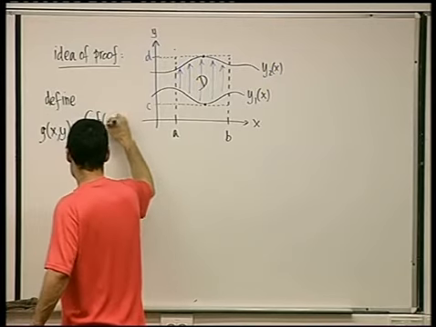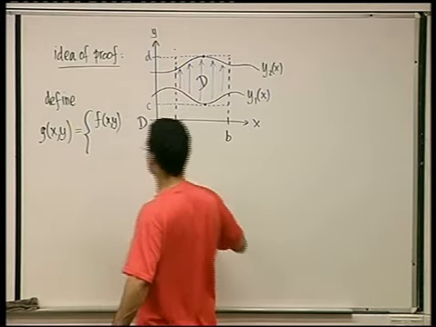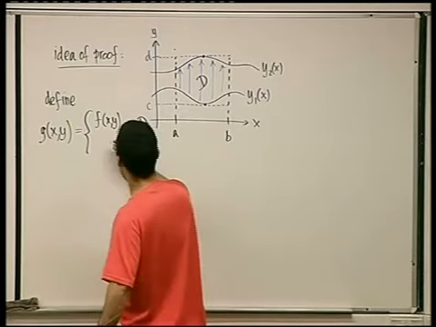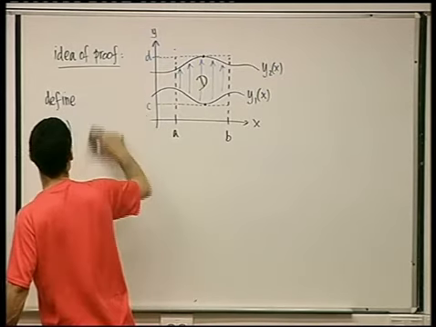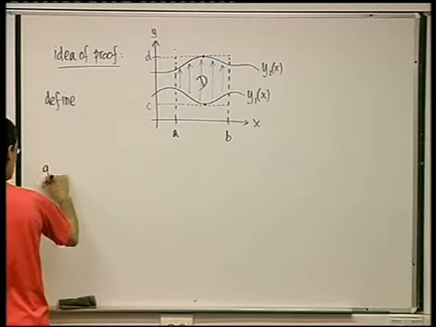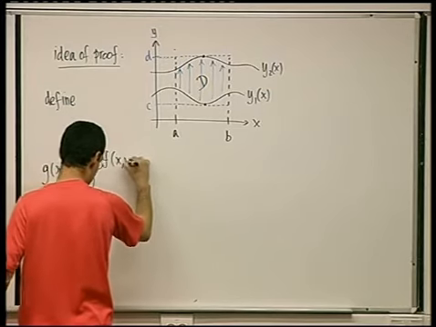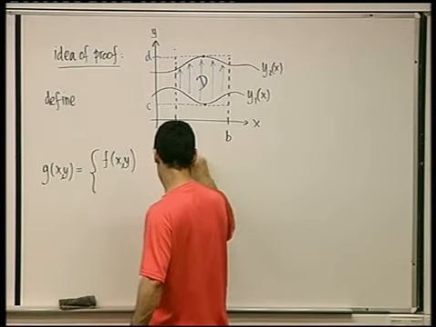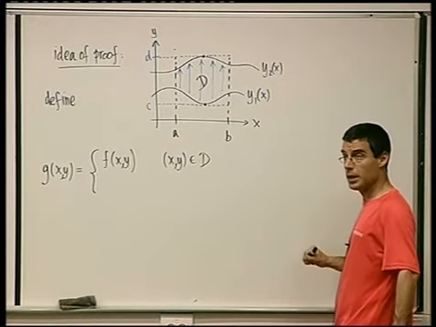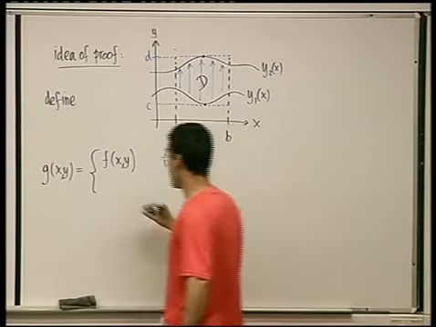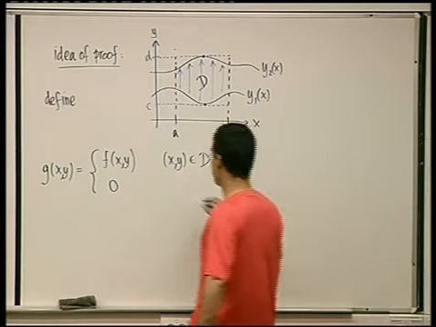It's going to be exactly the same as f(x,y) in D. I don't have enough space here, I'm going to move this a bit. Define g(x,y) equals f(x,y) whenever (x,y) is a point in D. So I'm not changing f at all on the domain which I was interested in the first place. And I'm going to define it to be 0 outside of D. Okay?